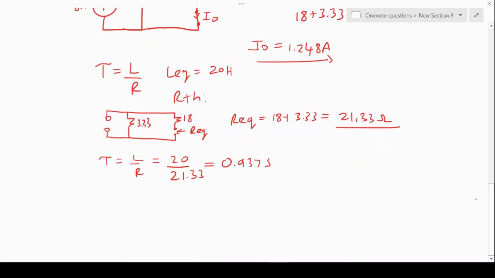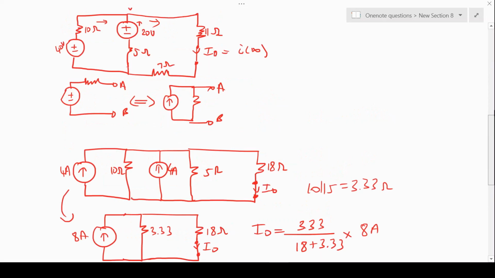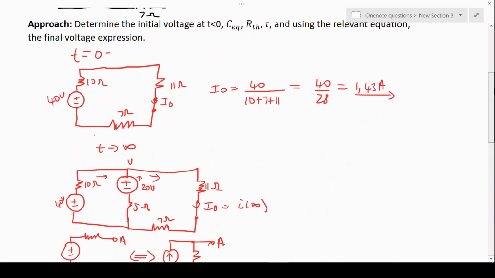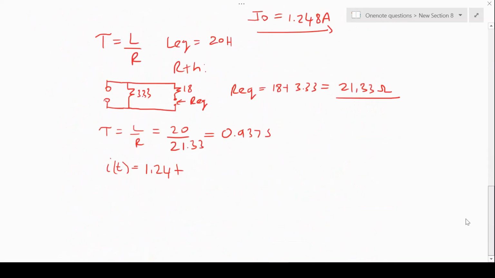To then give us a final expression of I as a function of time, it is going to give you the current I infinity, which is 1.24, plus the initial current, which we calculated to be 1.43, minus 1.24, e to the negative t over 0.937.